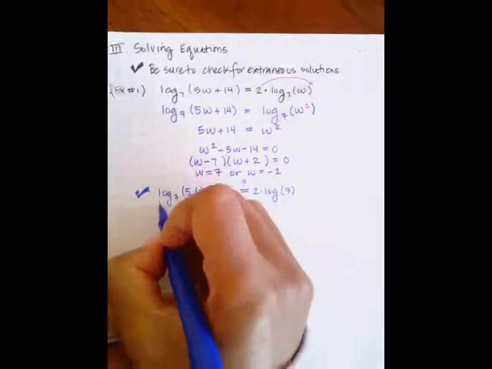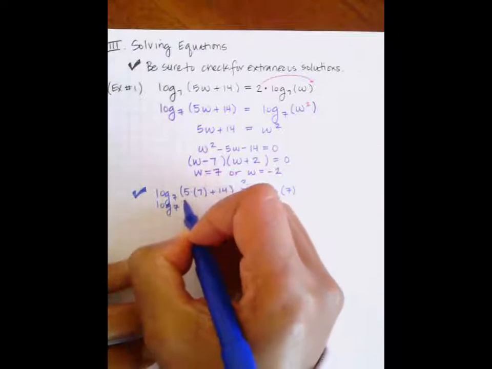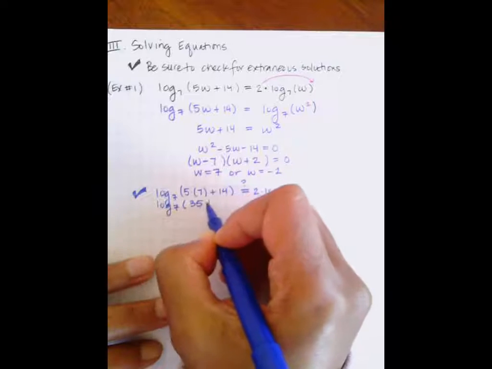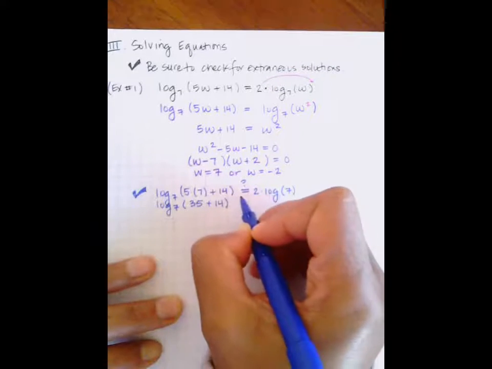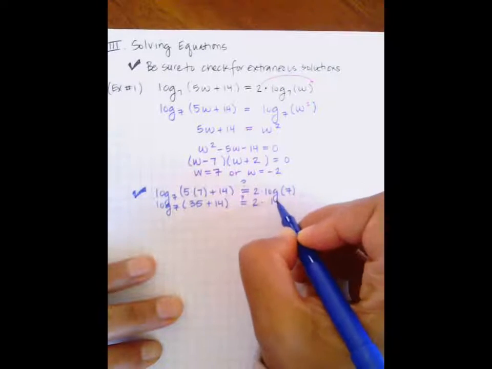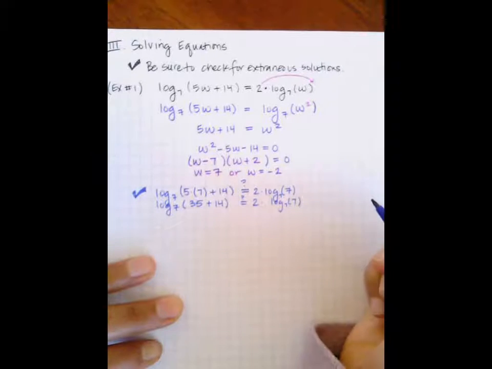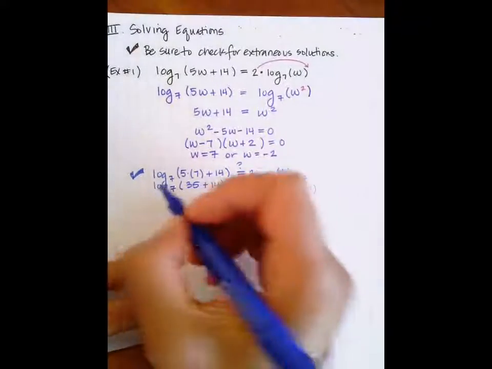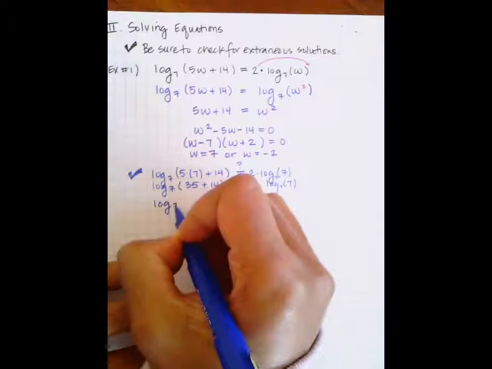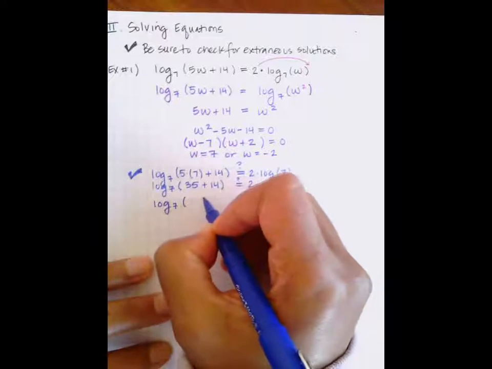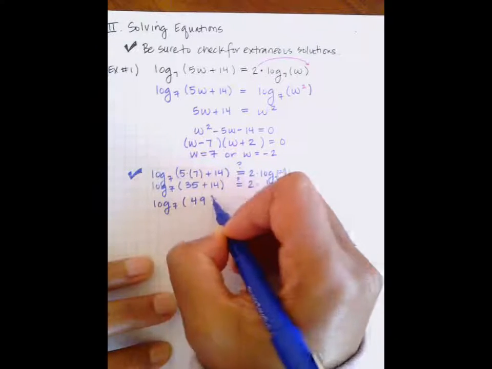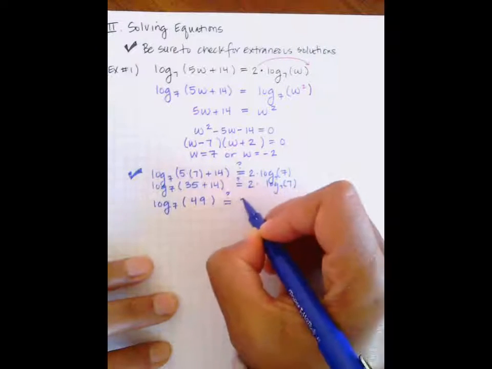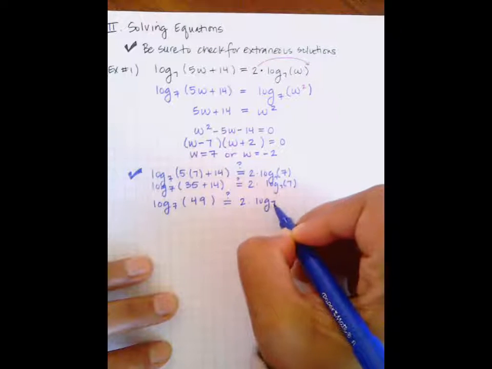Simplifying the left-hand side, this is log base 7 of 35 plus 14, which is log base 7 of 49. The cool thing here is that because the log base and the arguments are multiples, I can evaluate this without using a calculator.